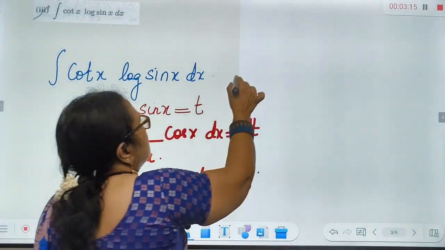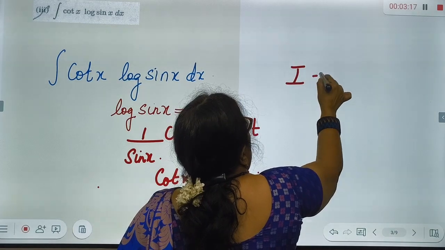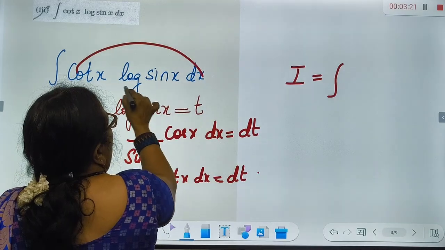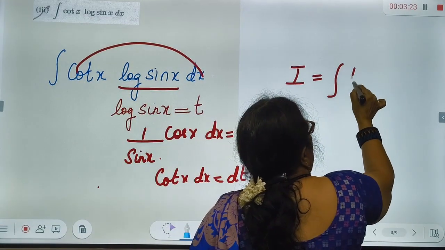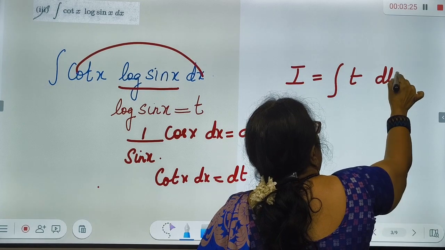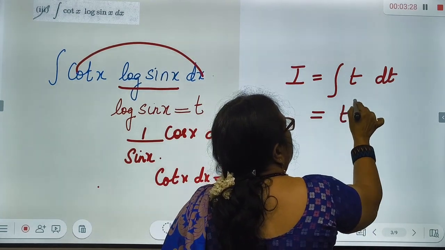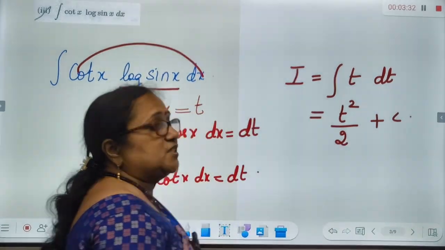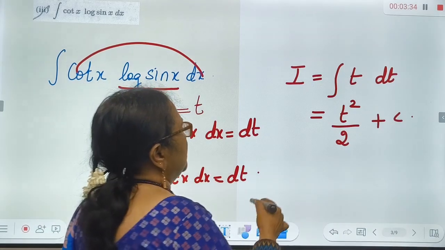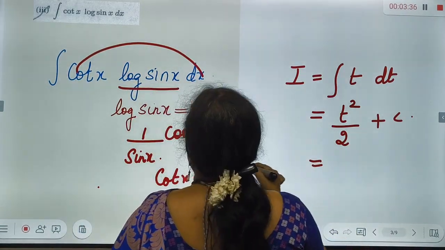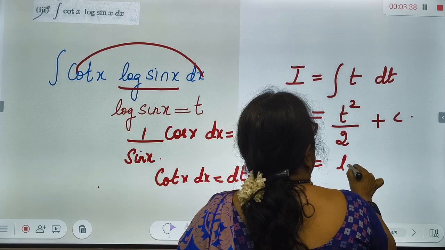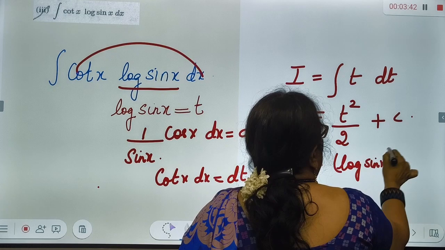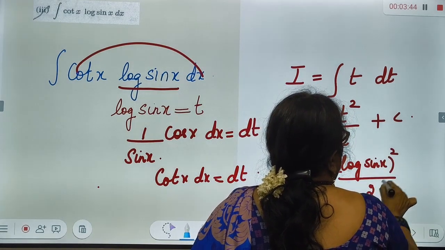So I becomes integral of cot x dx is dt, log sin x is t. So t dt. Integral of t is t square by 2 plus c. Integral of x power n is x power n plus 1 by n plus 1. Now substituting back for t, you will get log sin x the whole square by 2 plus c.